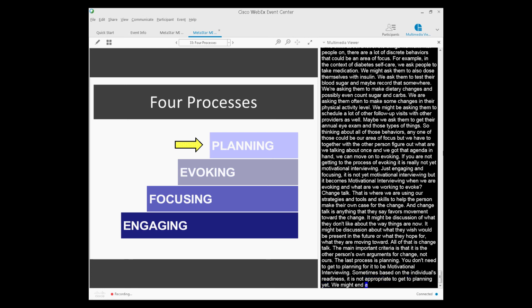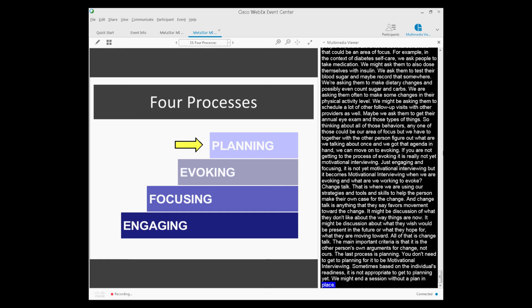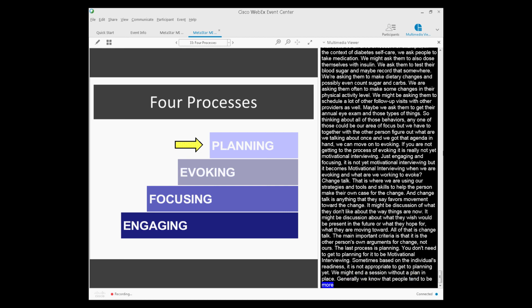Generally, we know that people tend to be more successful in making behavior changes if they have some concrete steps and plans and things to do coming out of an encounter with us.